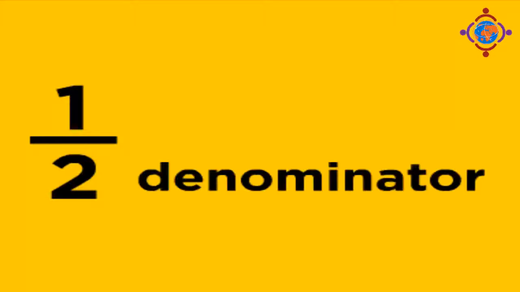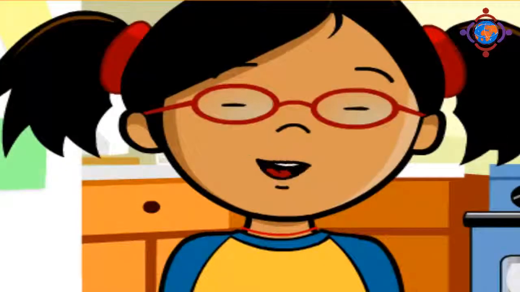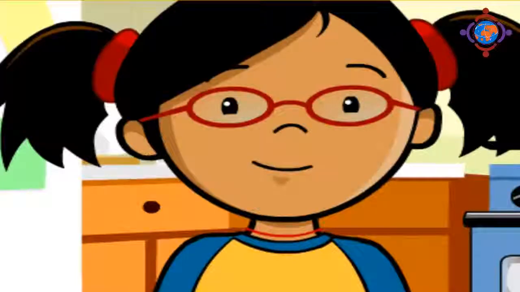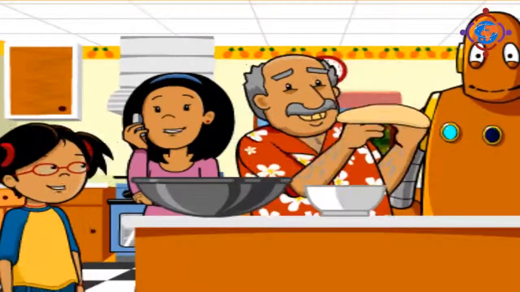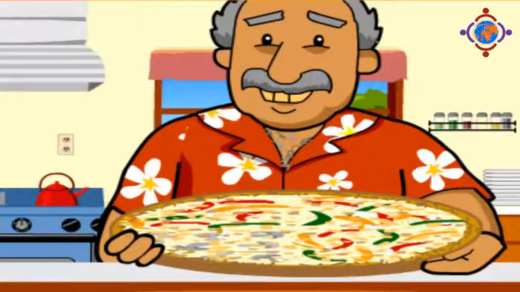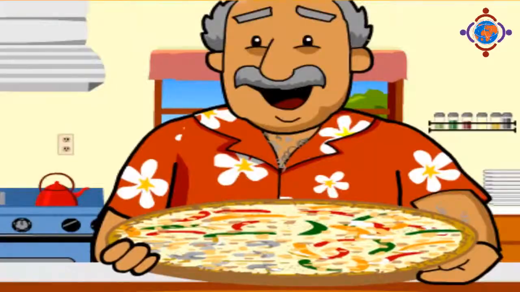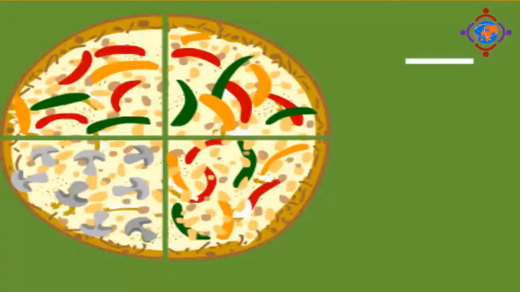The number on the bottom of a fraction is called the denominator. The number on the top is called the numerator. How do you write fractions? Cool, it's a pizza party. Grandpa made a pizza with mushrooms and peppers. What fraction of the pizza has mushrooms?